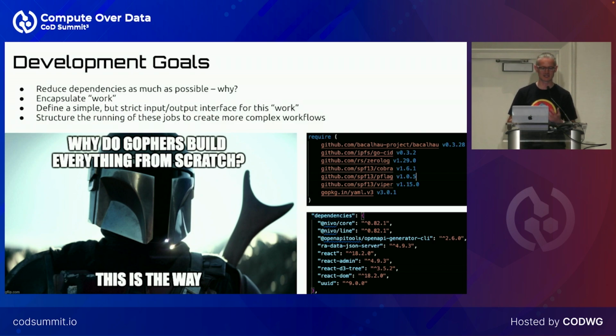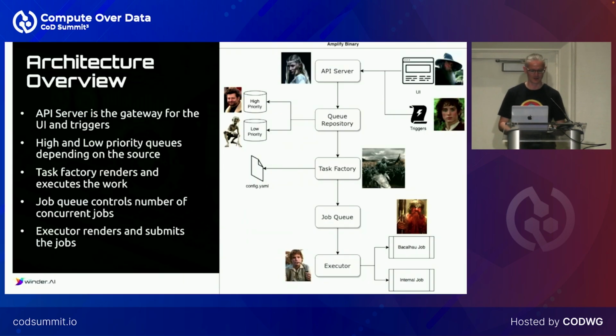But for us, we wanted to keep it even simpler than that, especially when working with Bacalhau as the execution primitive. We can't really overlay that with too much complexity, so we stuck to the same primitives that Bacalhau uses, basically the file system and standard in, standard out, and standard error as well. So all of the communication is done through those channels. Is there anything else that I've forgotten there? Oh yeah, no, that's about it.